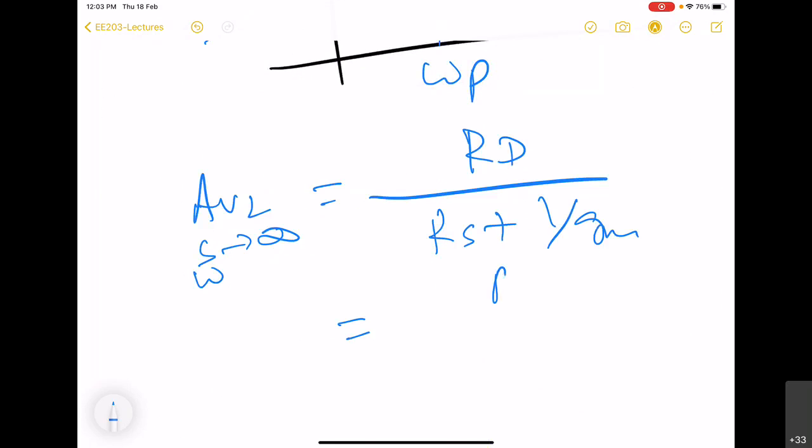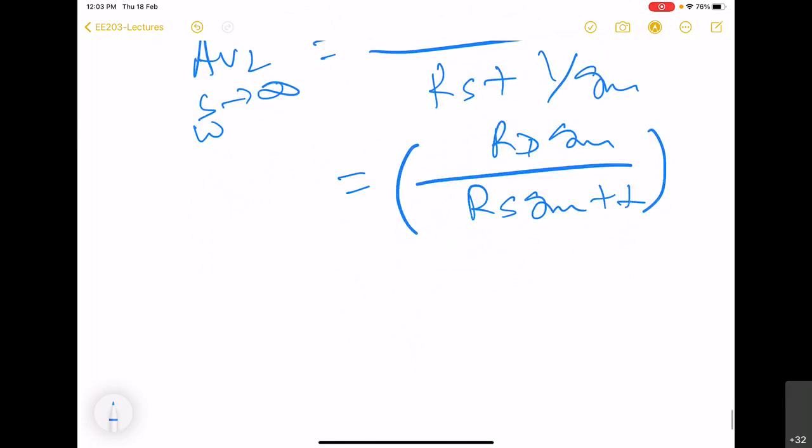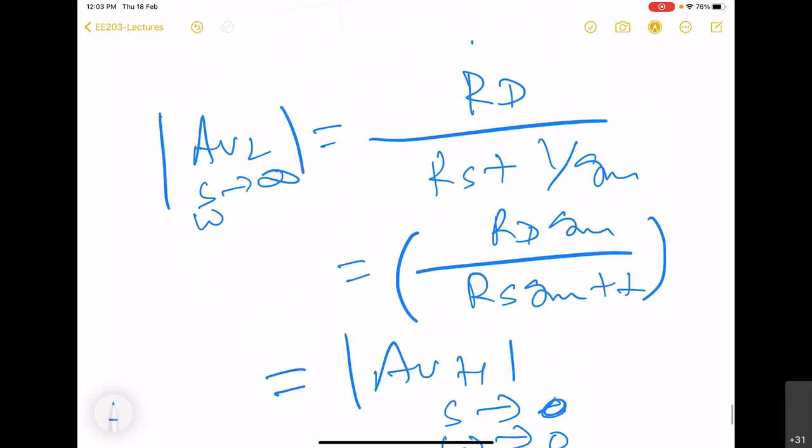So this becomes RD Gm divided by Rs Gm plus 1. Now you recall that we got the same value for AVH when we take S equal to 0 or omega equal to 0. So both these values are exactly the same, right?